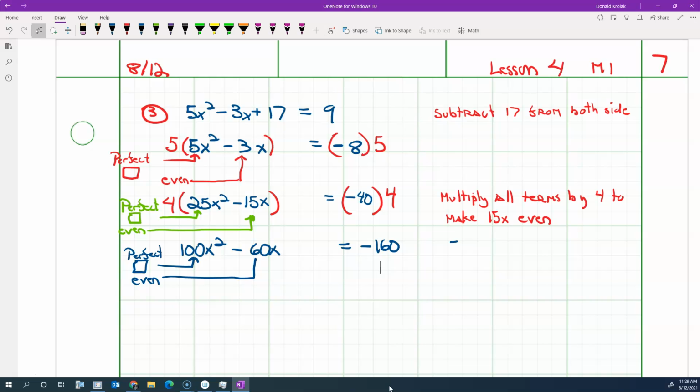Okay, so now we can complete the square. Believe me, if we had done this the old school way, there'd be so many fractions right now on your paper, you'd stab your eyeballs out. Yeah, go ahead. Okay, here we go.